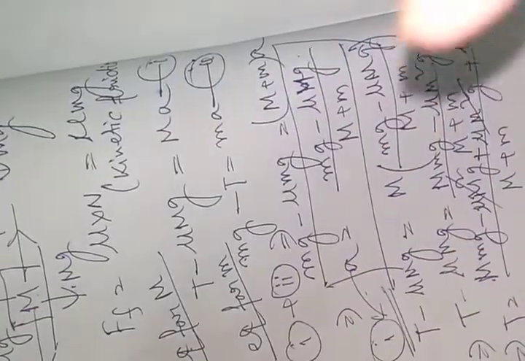So T equals Mmg plus mu Mmg divided by M plus m.